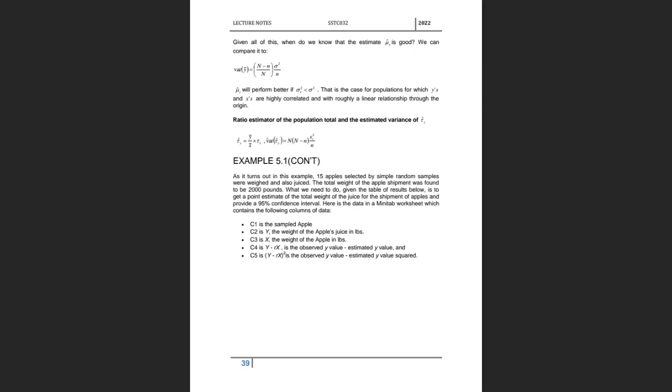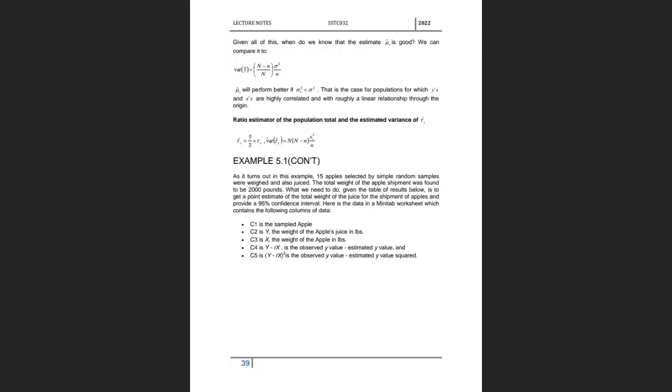As it turns out in this example 5.1, we have got 15 apples selected by simple random sampling. 15 samples. What does that mean? It means that our sample size is 15, isn't it? They were weighed and also juiced. So in this regard, let me just go down so that you can see what is happening.